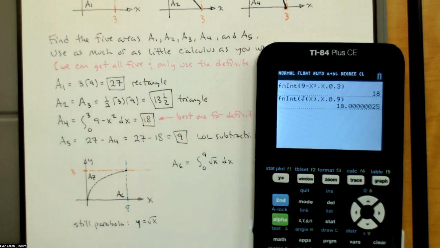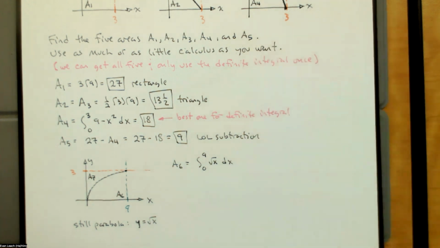And it is unsurprisingly still just 18. Don't worry about the 0.00000000000025. The calculator is clearly trying to tell you 18. It's just using an approximation method, so it can't tell the difference. And its algorithm tells it to stop now, even though it's not done.